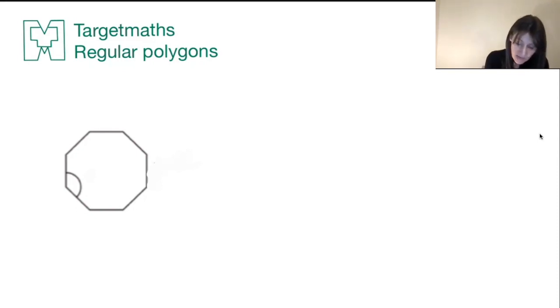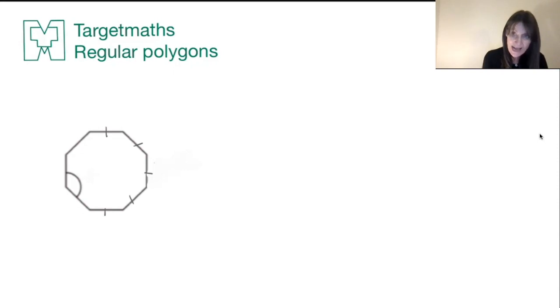So they don't have to mark all that to tell me that the edges are the same, because they've used the word regular, and I should know that that's what that word means. Equally, they don't have to try and tell me that all the angles inside are equal, because that word regular should be telling me that. So it's a real key word in the exam.